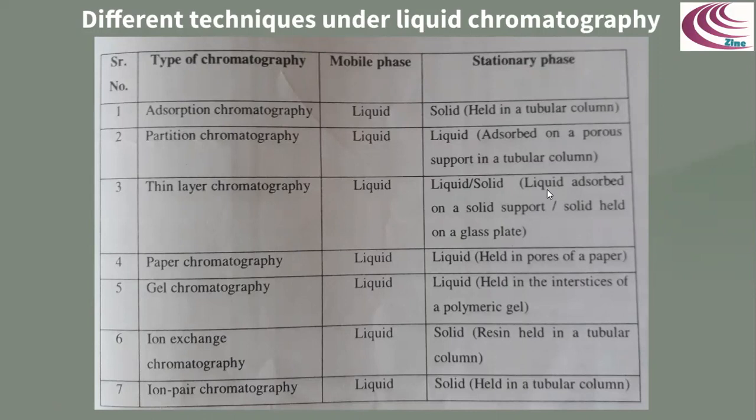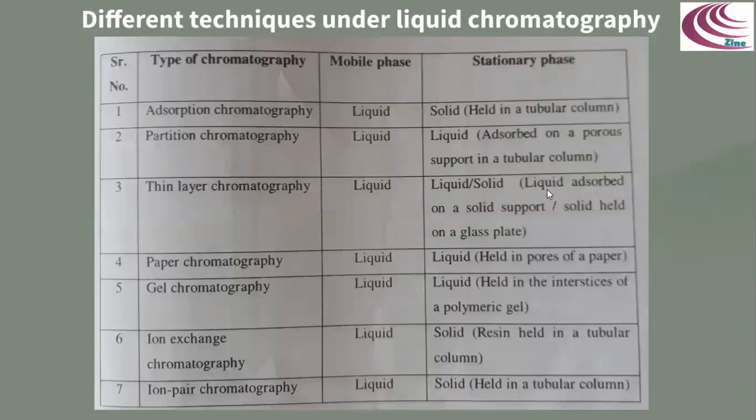In liquid chromatography, generally liquid is used as the mobile phase. Various techniques under liquid chromatography are based on the kind of stationary phase used, as you have just seen enlisted over here. In adsorption, partition, gel, and ion exchange chromatography, if you observe carefully, the stationary phase is filled in a tubular column made up of either glass or metal.